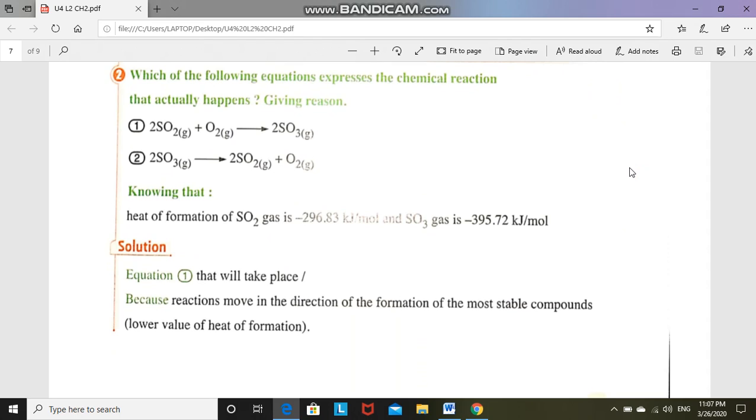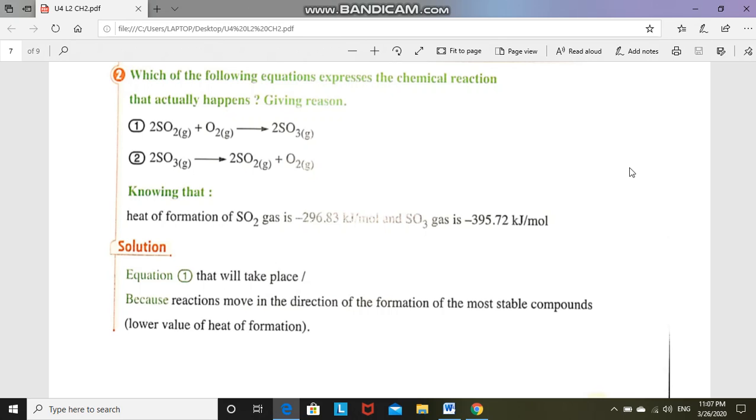Knowing that the heat of formation of SO2 gas is negative 296.83 kilojoule per mole, and SO3 gas is negative 395.72 kilojoule per mole, the highest one in the heat of formation is sulfur trioxide gas.